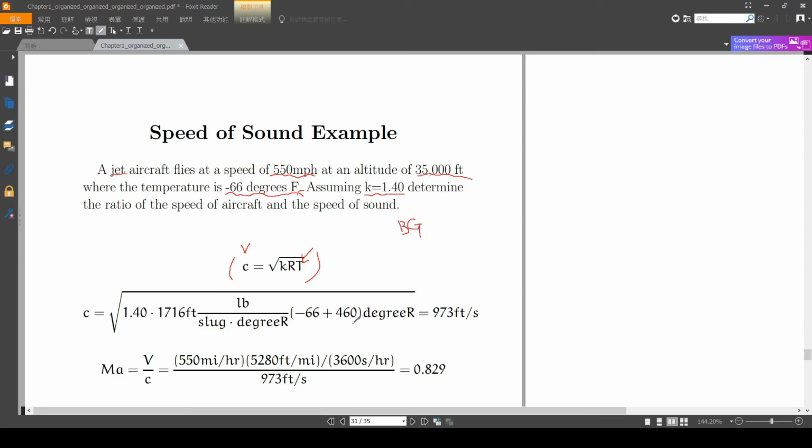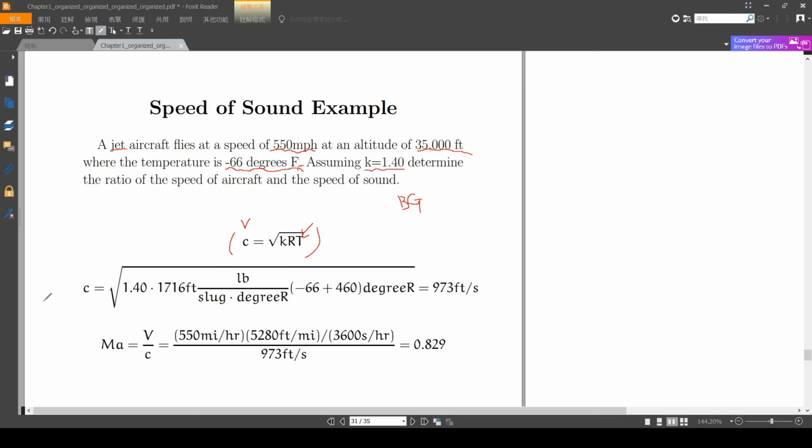So you must be careful about the units. Then finally, you will get the speed of sound is equal to this part. And this is the Mach number. Mach equals velocity divided by the speed of sound, right? So you just put all the information in this again. You will get the Mach number equal to 0.829.